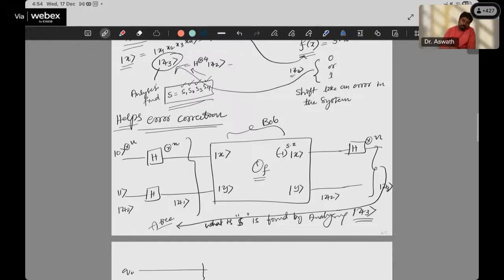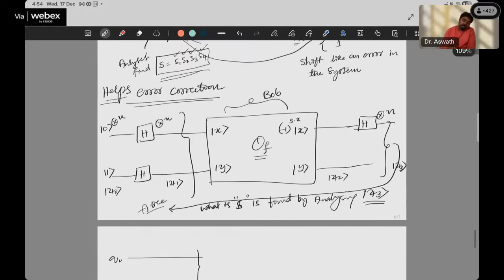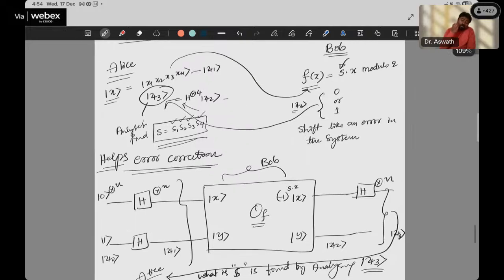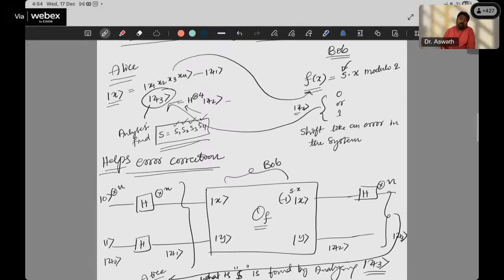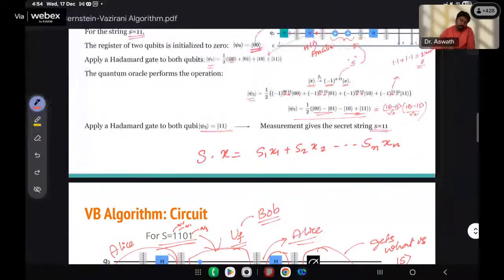When it comes to applications, it is like finding an error-causing entity inside the circuit, malfunctioning gates inside the entire setup. The moment I find it, error correction is done through the error correction method. Even it is being used in cryptography.